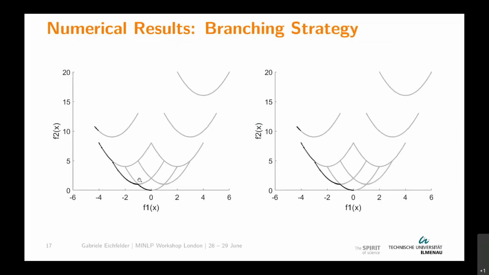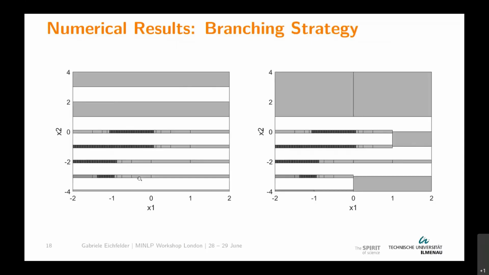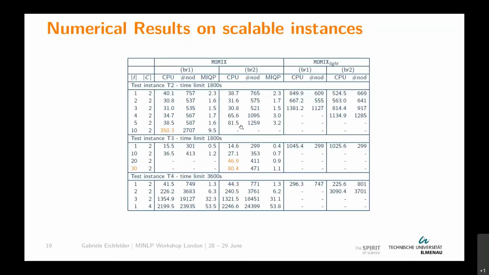And you should see that there is no difference, hopefully. And here is the illustration of the result of the branching strategy. And we needed a similar number of branchings in that setting here. But for other instances, we have been more successful with either the first or the second branching rule.